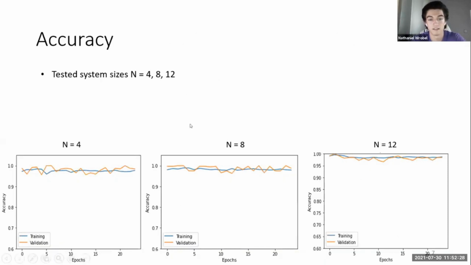I did these tests with system sizes of 4, 8, and 12 qubits or sites, all one-dimensional. You can see here we have pretty good results for the accuracy in that 99% range. Even as we increase the number of qubits for our input, we still were able to conclude that the QCNN was capable of predicting the phase of the wave functions.